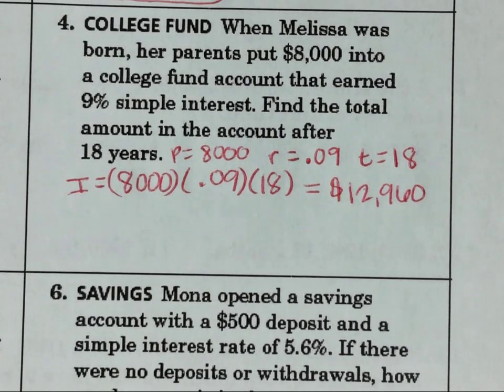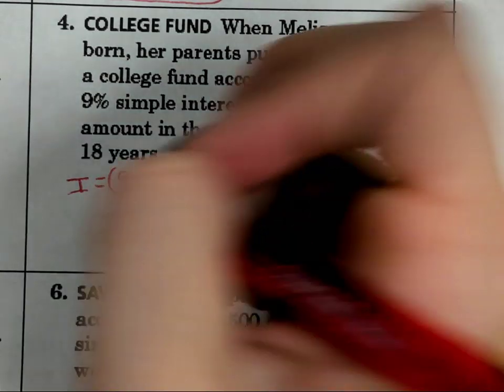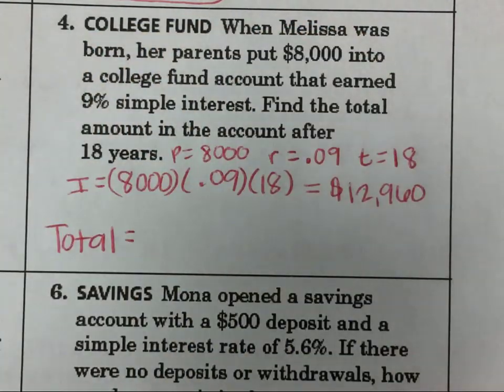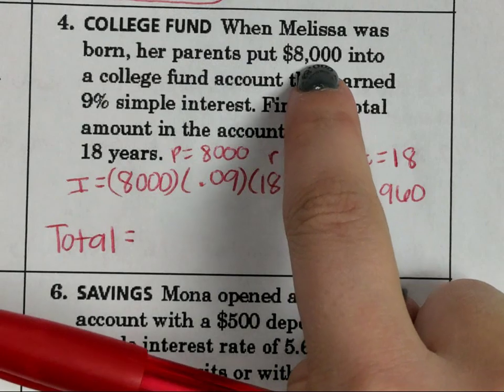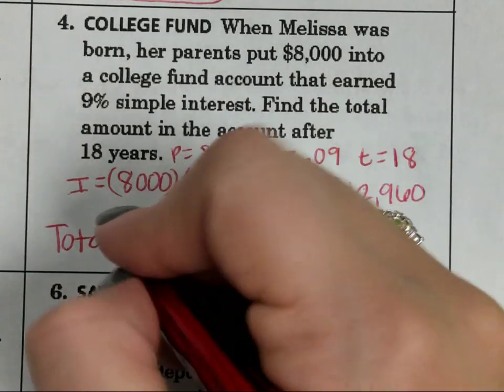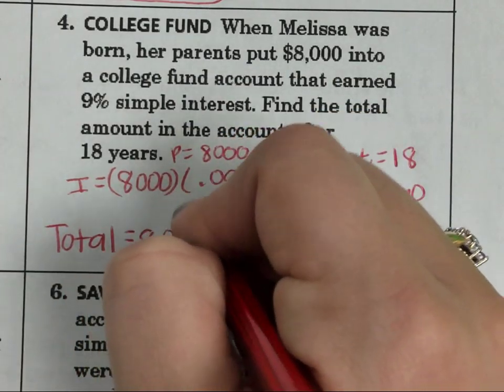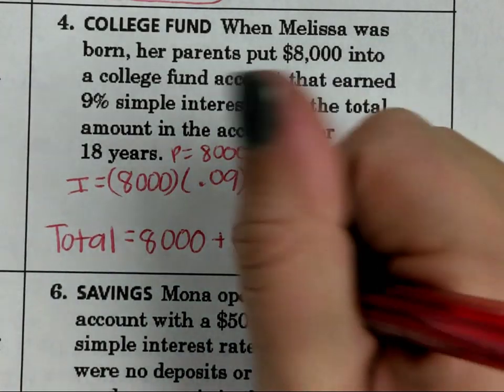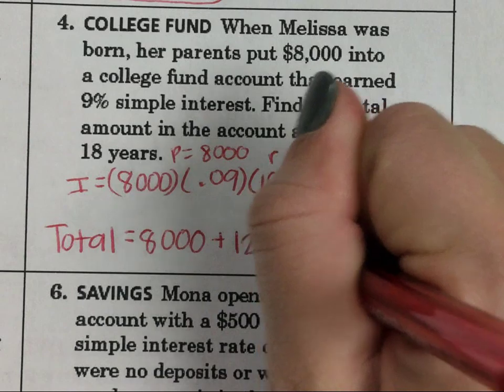Okay, so that $12,960 is how much money that account is earning. Okay? So if I want to find the total amount that savings account has after 18 years, that means I have to add what I started with, so my P, which was 8,000, plus the interest that was earned, which is 12,960.